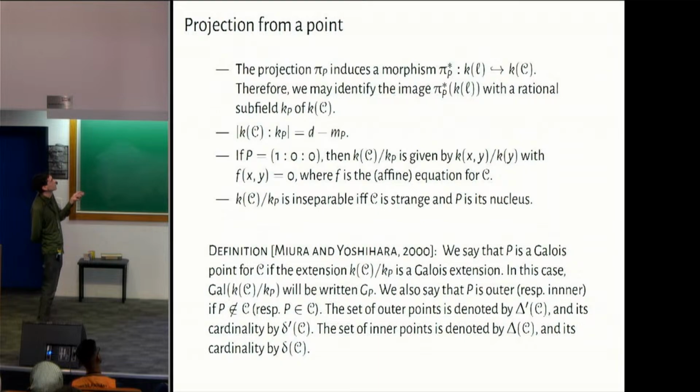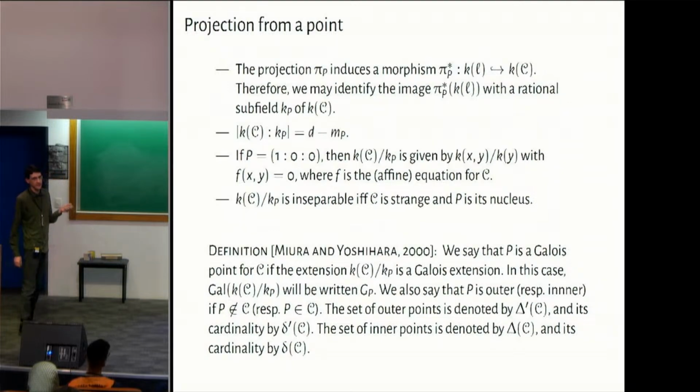When the point is given by (1, 0, 0), you can represent the extension as K(x,y) over K(y), where x and y satisfy f(x,y) = 0, where f is the affine equation for the curve C. This extension will be inseparable if and only if the curve is strange and P is its nucleus.